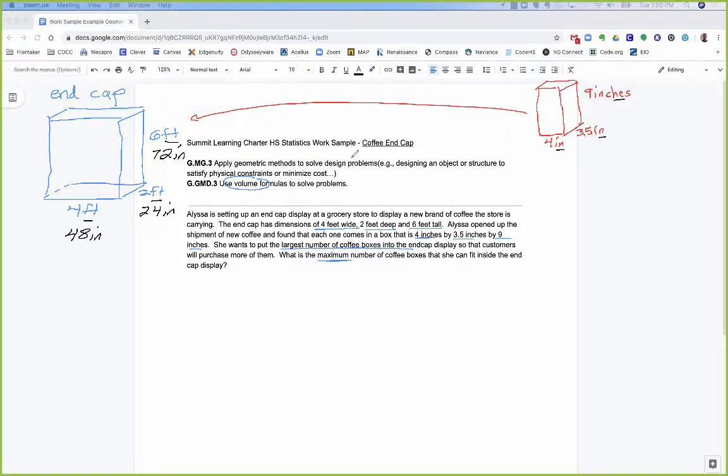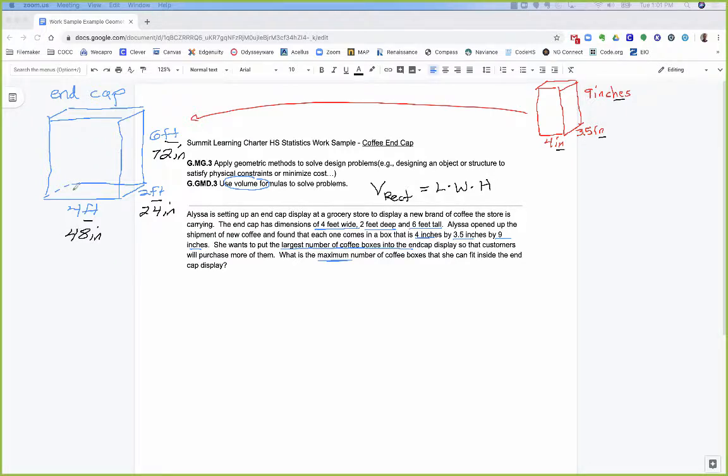Good. Now I need to figure out, well, how many of these can I fit in? A common mistake is people will say, well, volume of a rectangle is length times width times height, right? I'm going to write that out here. So volume of a rectangle, this is helpful to remember, is length times width times height. So here's what people do.